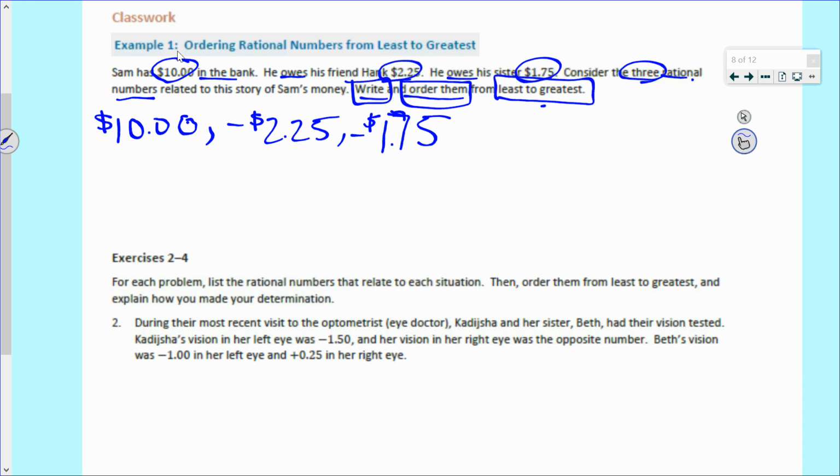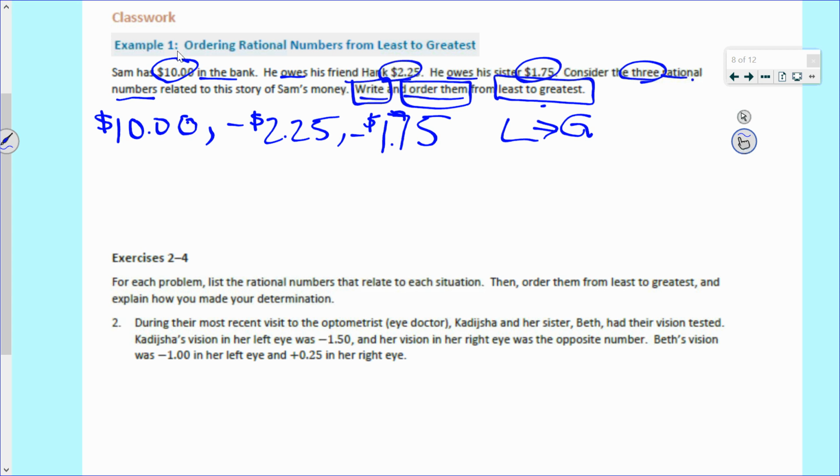So guys, once we have our integers listed, we've written them, now we can order them. Let's order them from least to greatest. What is the smallest of those 3 numbers?